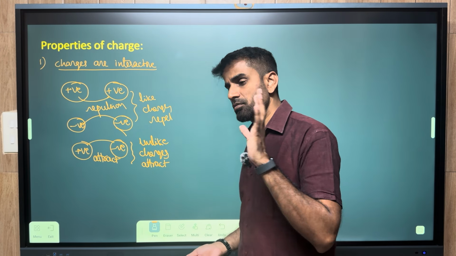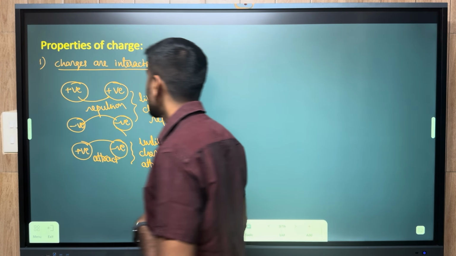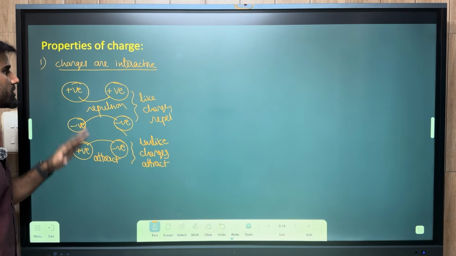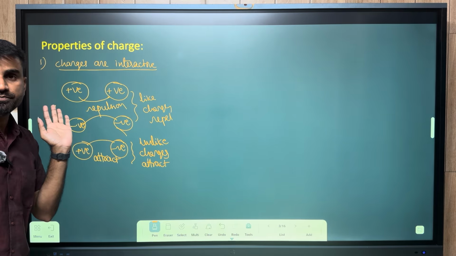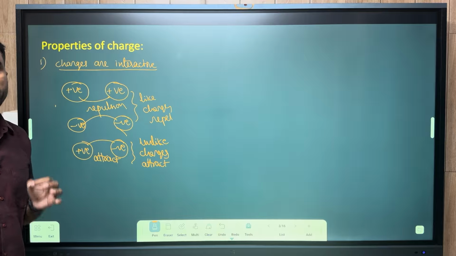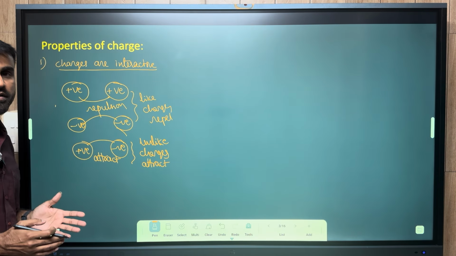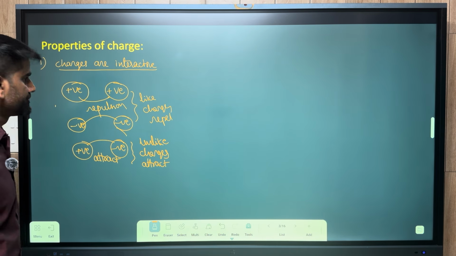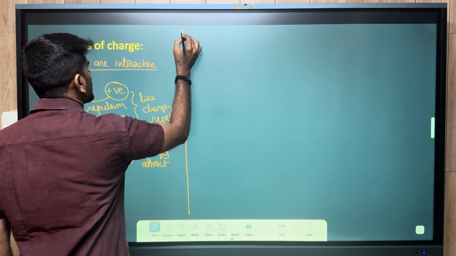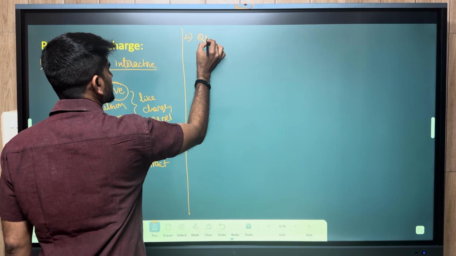Those points will be discussed in the next video, but in this video these are the properties of charge. Charges interact with each other through electric force. Like charges repel each other, unlike charges attract each other. Now coming to the next property, quantization of charge.